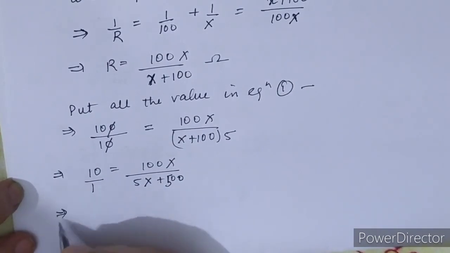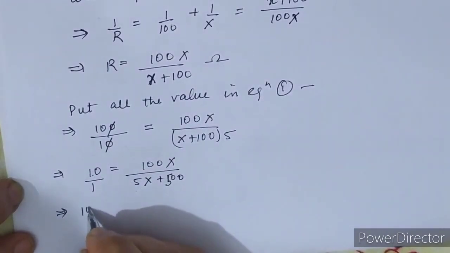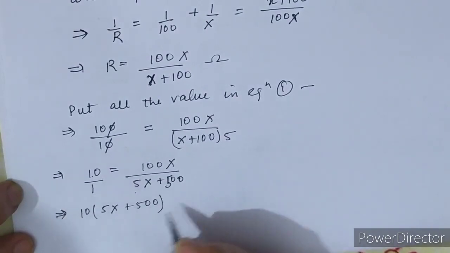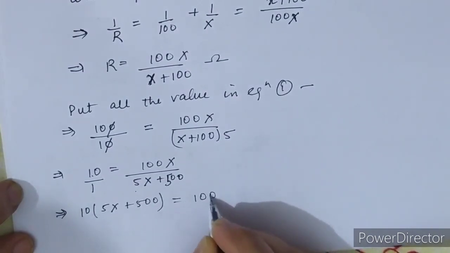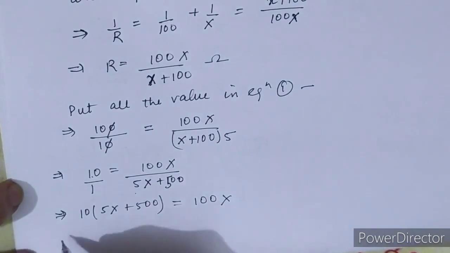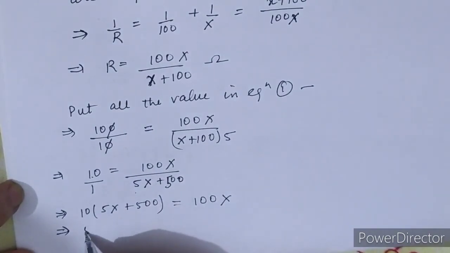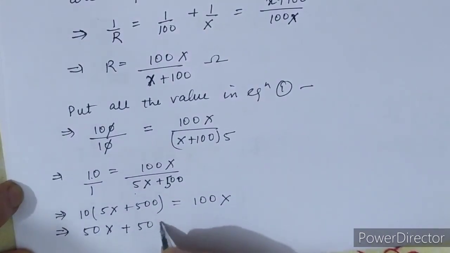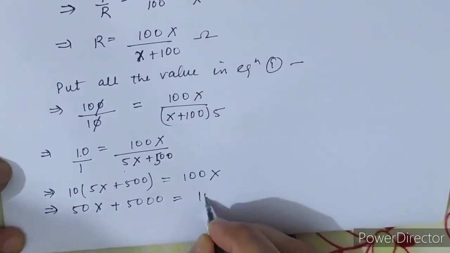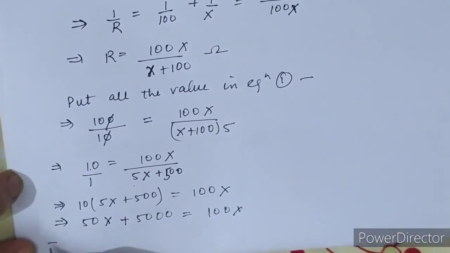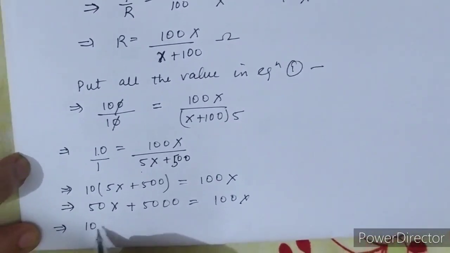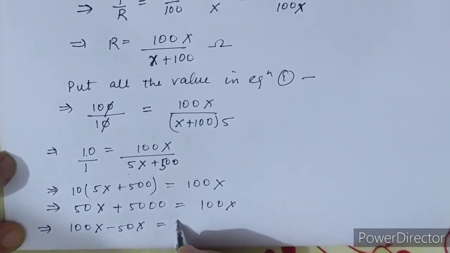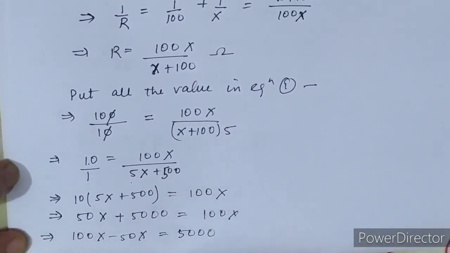Then 50X plus 5000 is equal to 100X. So 100X minus 50X is equal to 5000.